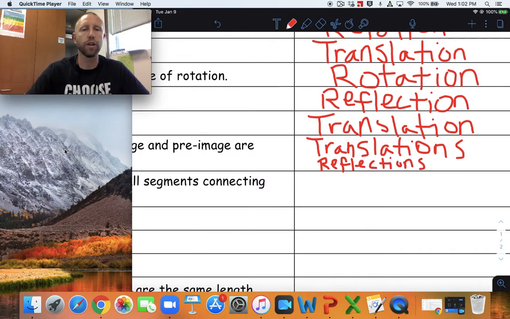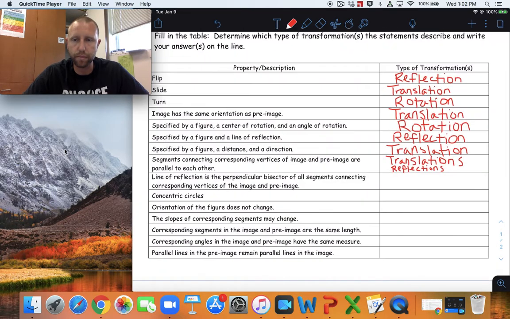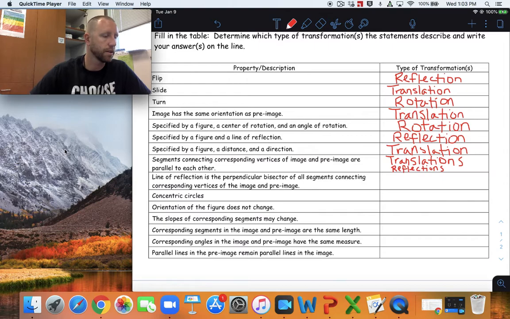All that means is if we were to draw lines between the points on the image and the pre-image, they would be parallel. The line of reflection is the perpendicular bisector of all segments connecting corresponding vertices of the image and pre-image. And that is reflection.